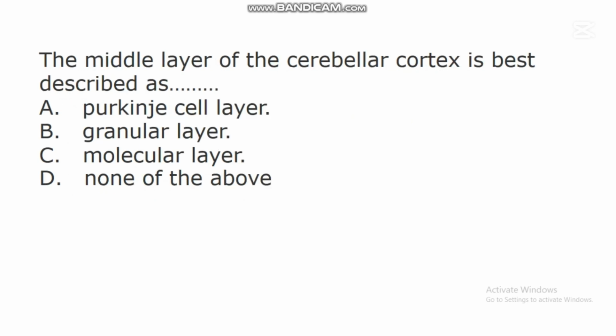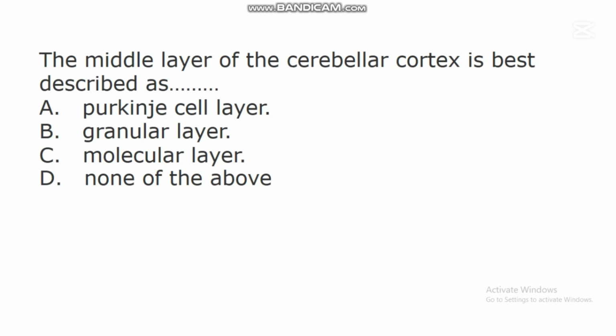The next question says, the middle layer of the cerebellar cortex is best described as dash. A. Purkinje cell layer. B. Granular layer. C. Molecular layer. D. None of the above.